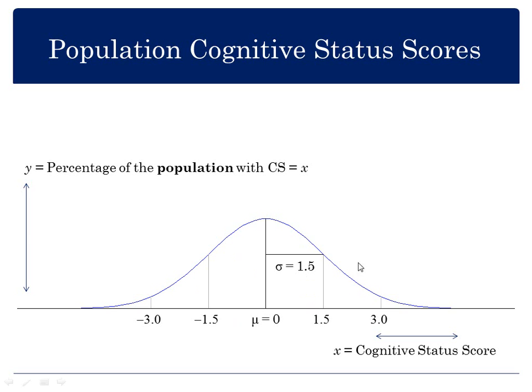About 68% of all subjects would fall in between plus or minus 1 standard deviation. So even there you're getting 2/3 of your population in between minus 1.5 and 1.5 on this scale.